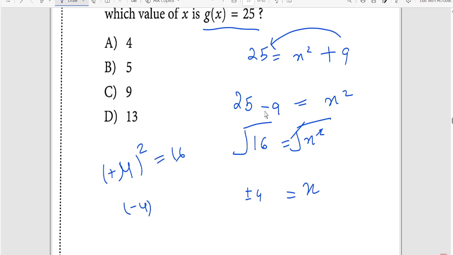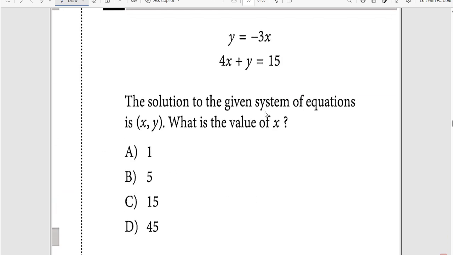If you square negative 4, you still get 16, because if you multiply a negative number two times, you get a positive answer, right? So the possible values for x are 4 and minus 4. So out of these, 4 is your correct answer, right? So this was a simple question.